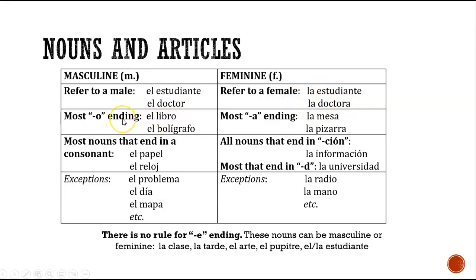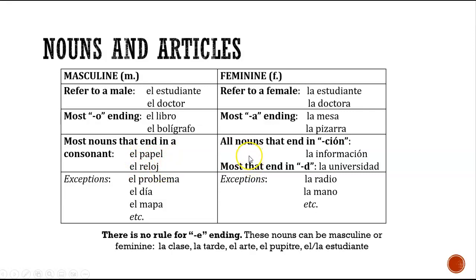Most O-ending nouns are masculine, like el libro, el bolígrafo. And most A-ending nouns are feminine, like la mesa, la pizarra. So these are some classroom objects. Most nouns that end in a consonant, again, most, not all, will be masculine, like el papel, el reloj.